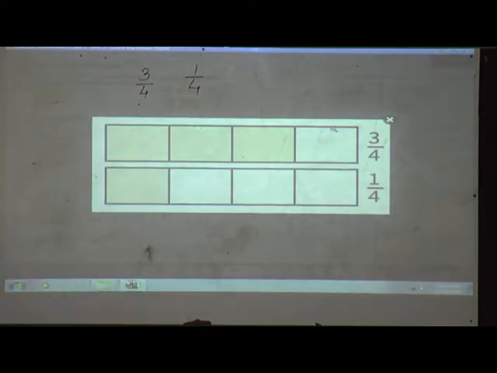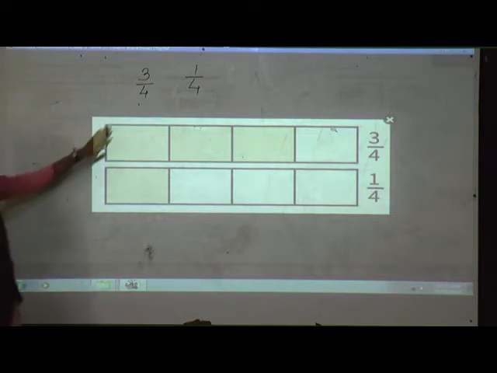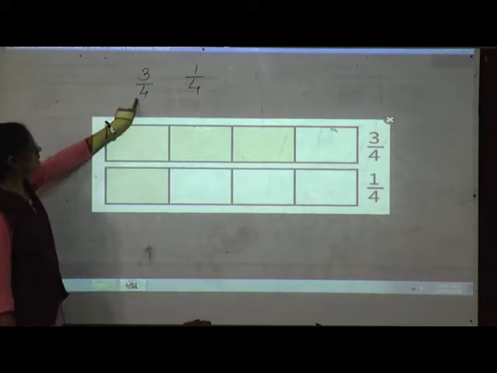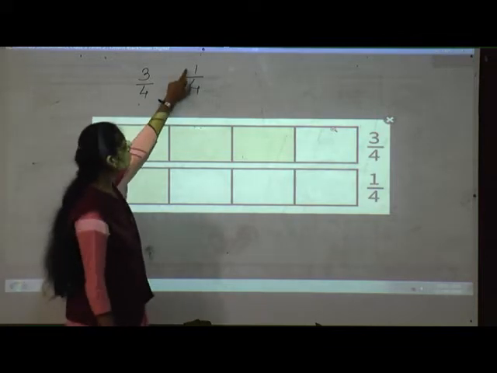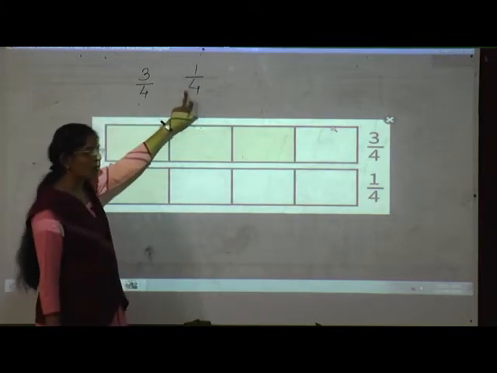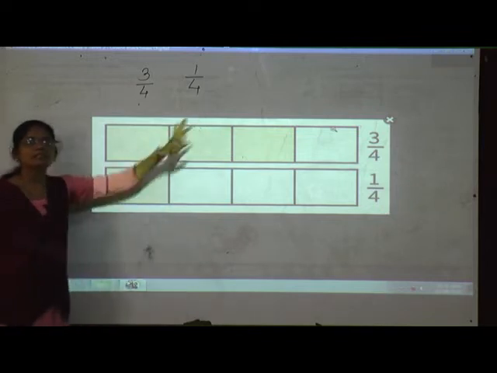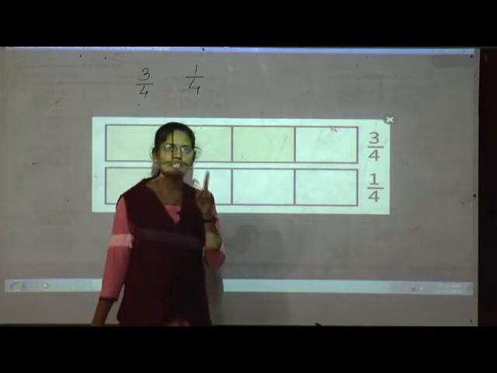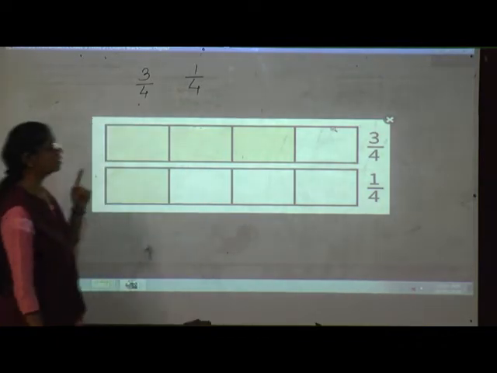Now see carefully. In 3 by 4 and 1 by 4, in this fraction 3 is the numerator and 4 is the denominator. Here also 1 is the numerator and the denominator is 4. Means in these two fractions, the denominator is equal, the denominator is the same.